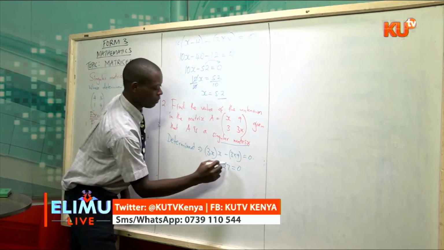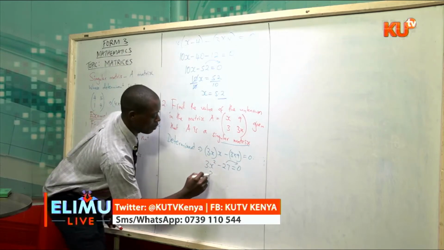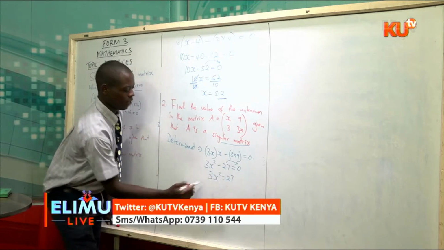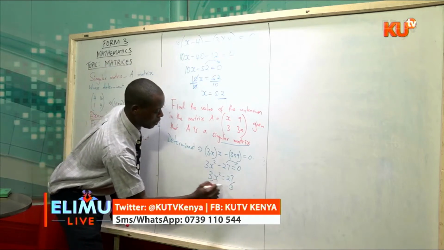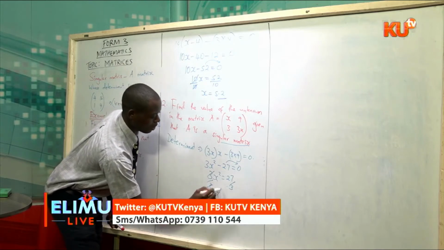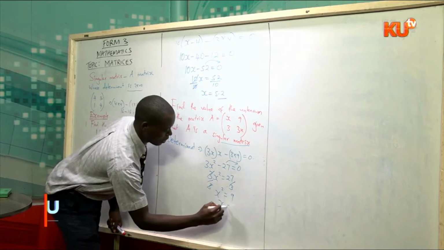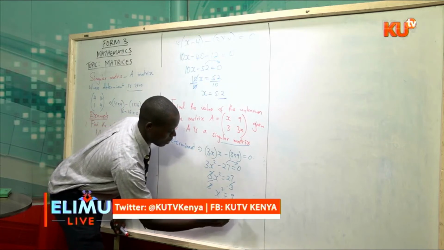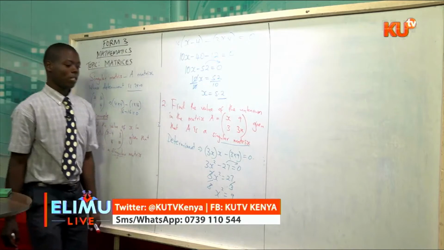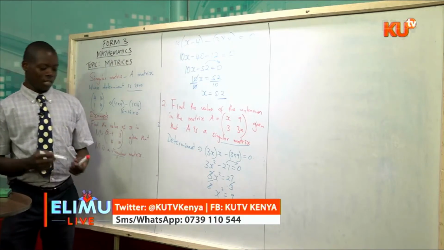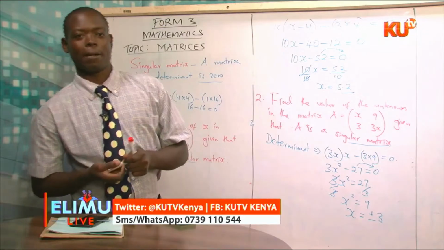We take negative to the right side, so 3x squared is equal to 27. Then we divide by 3 by 3. This cancels out, x squared is equal to 9. And so what is our x? Plus or minus the square root of 9, which is 3. So our values of x is either positive 3 or negative 3.